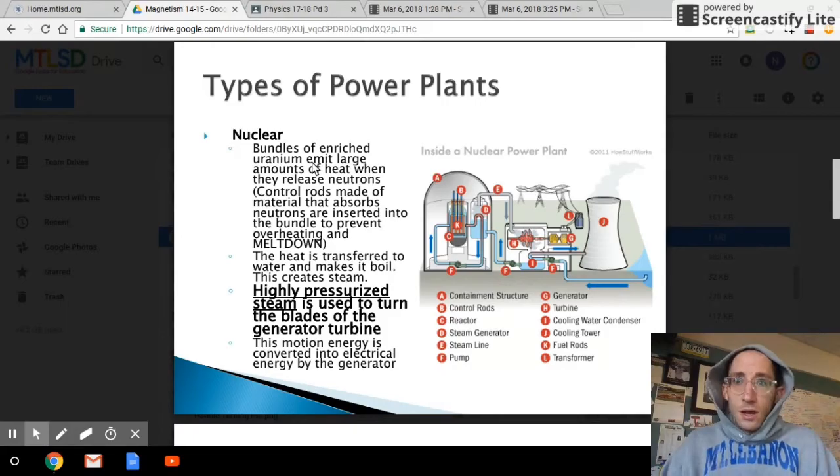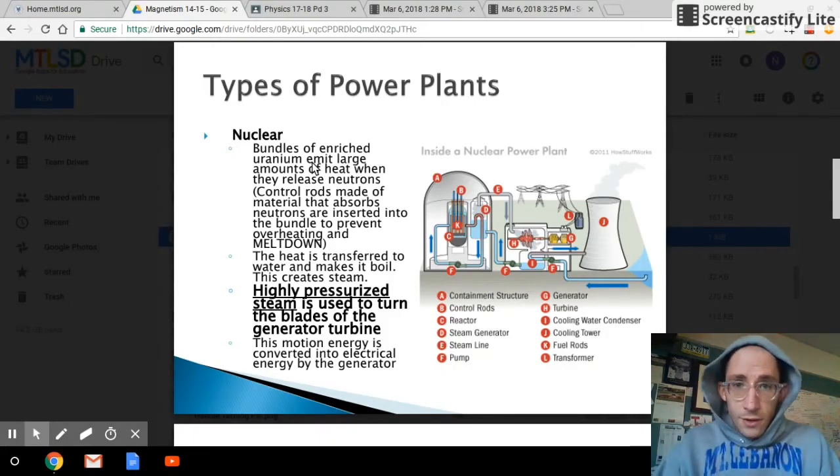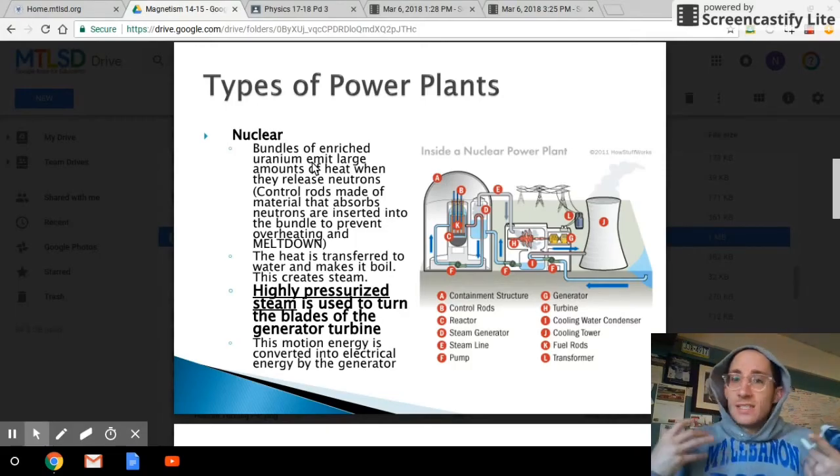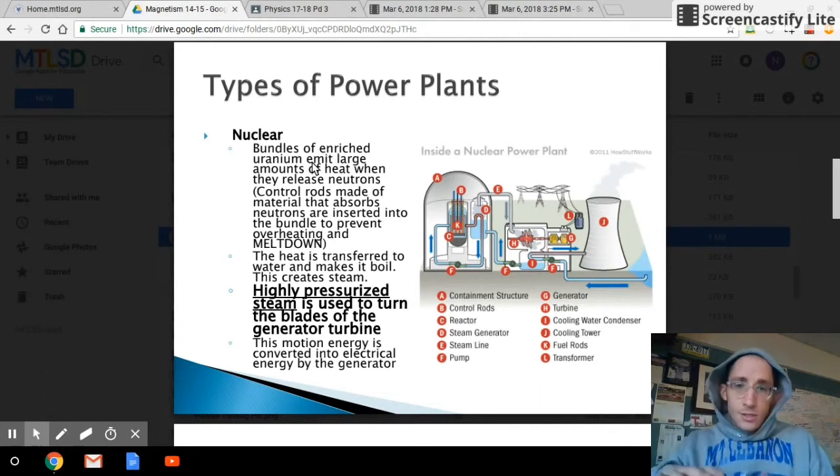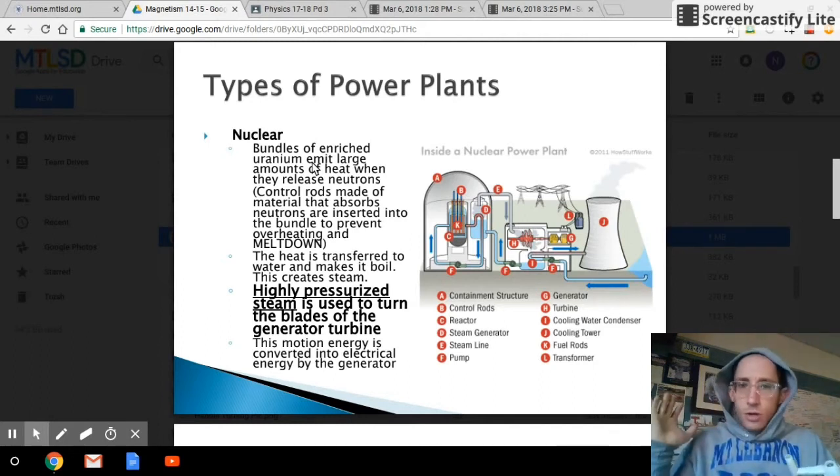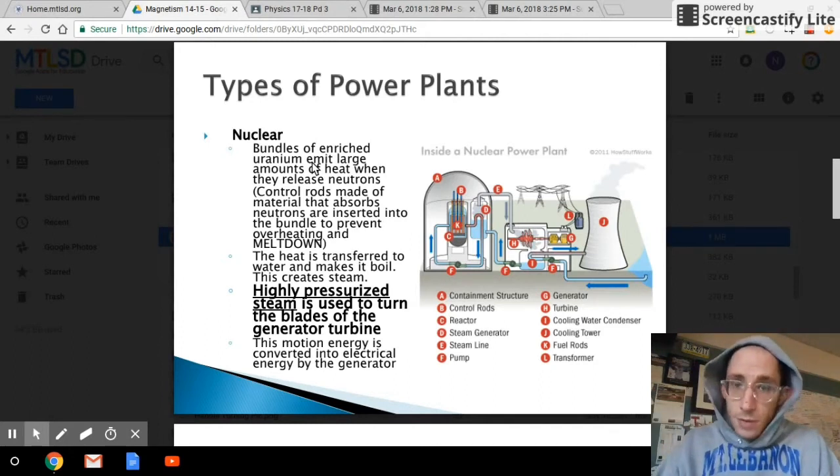This is essentially nuclear fission, the splitting of a nucleus in a controlled manner. When you do that, it releases all this energy in the form of heat, and you control that amount of heat, because if you just let it go crazy, it will cause some serious problems.